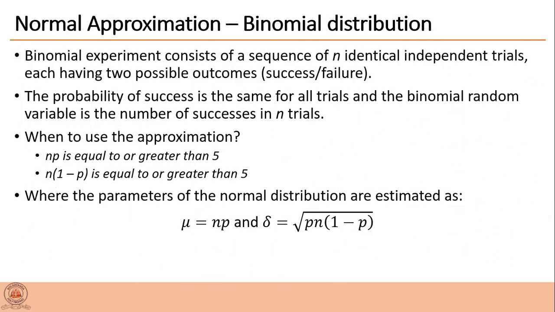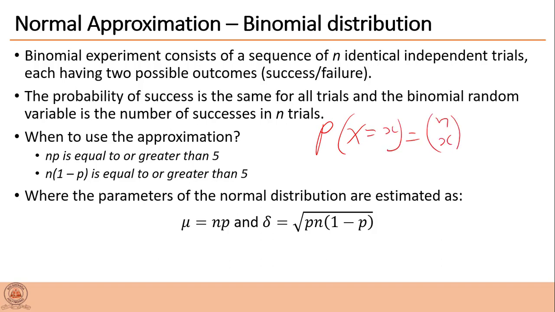Now let's talk about normal approximations to the binomial distribution. If you have a binomial question and then your n is large, your x is large, it becomes difficult to go through all of these. Why? Because the binomial is looking at number of x's in n trials.